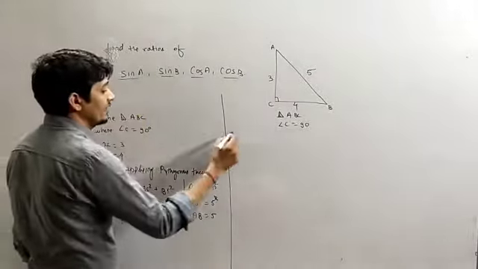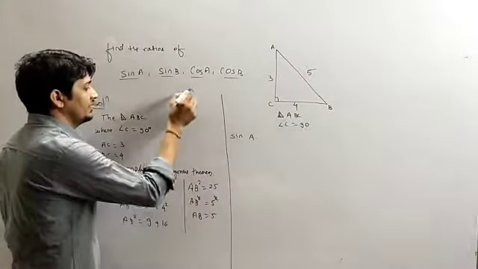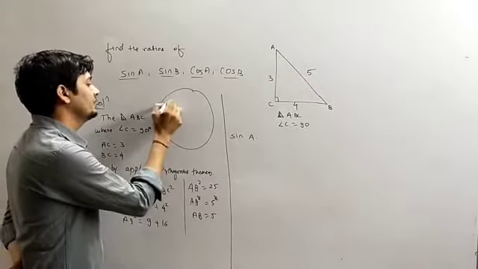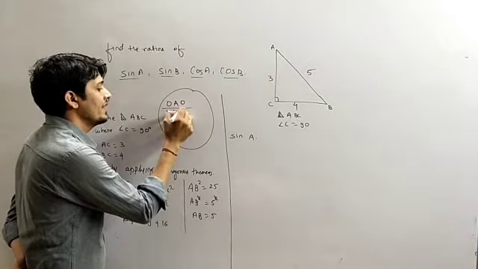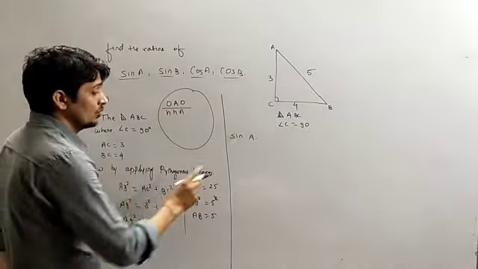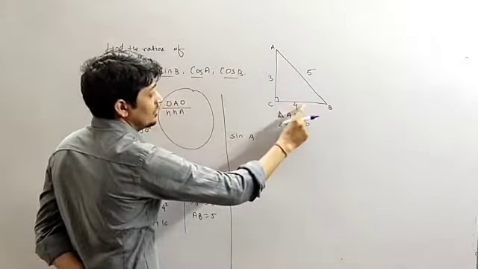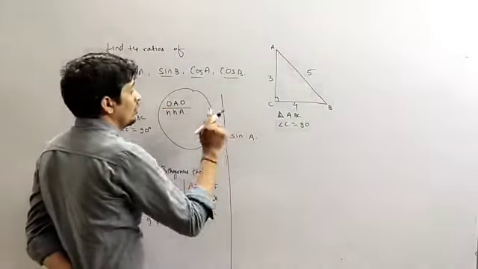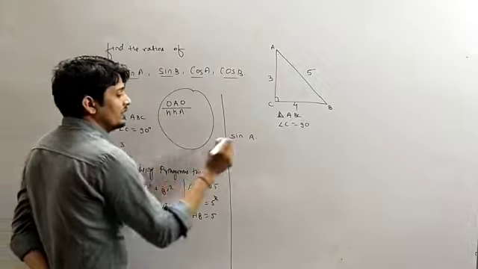Ratios for sine A. It is a tricky part I am writing here. What is the tricky part? OAO divided by HHA. Sine theta equals opposite divided by hypotenuse.